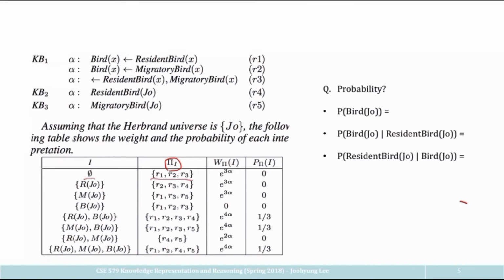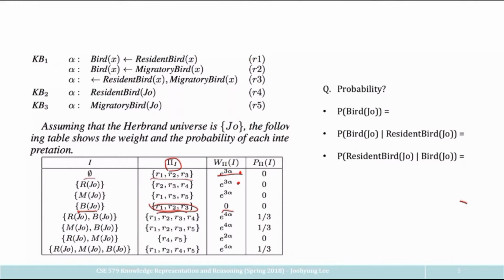After that, you can get the weight from each of the rules. Note here that sometimes the rules have non-zero weight, but the interpretation is not a stable model of these rules. Then the weight gets 0, so the probability is also 0.